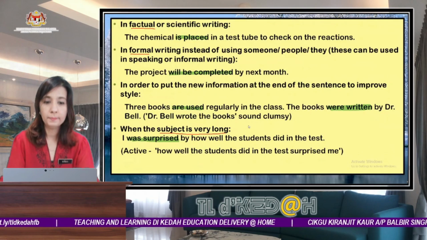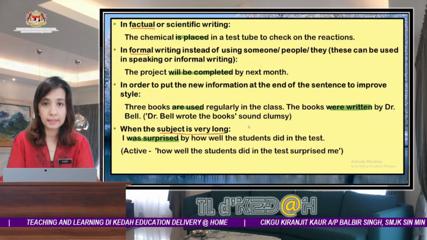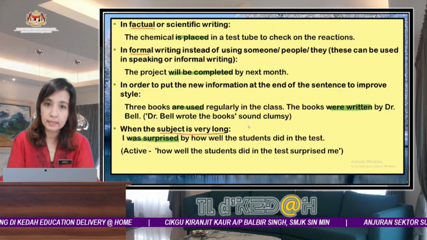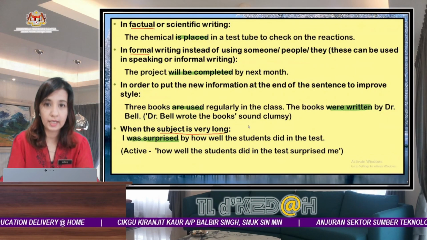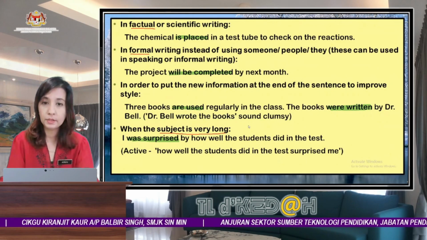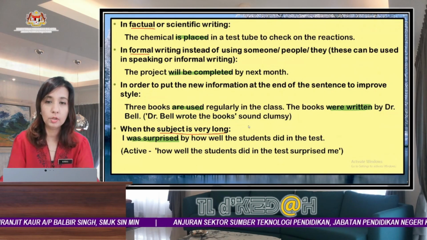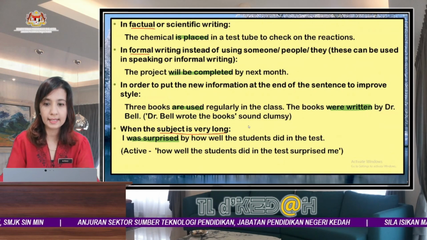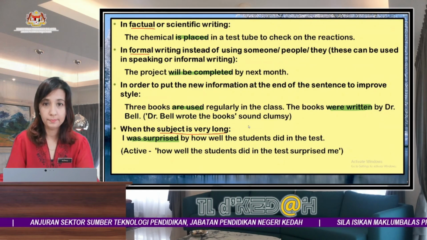For example, the project will be completed by next month. The focus is the project. Who will be completing the project? We are not sure, it's not something to think about. We just want to know about the project. The project will be completed by next month. So this is a passive form.